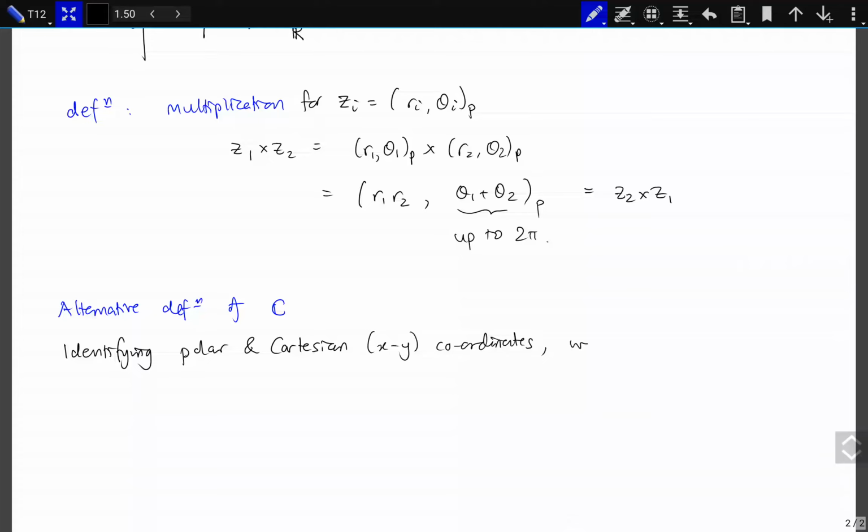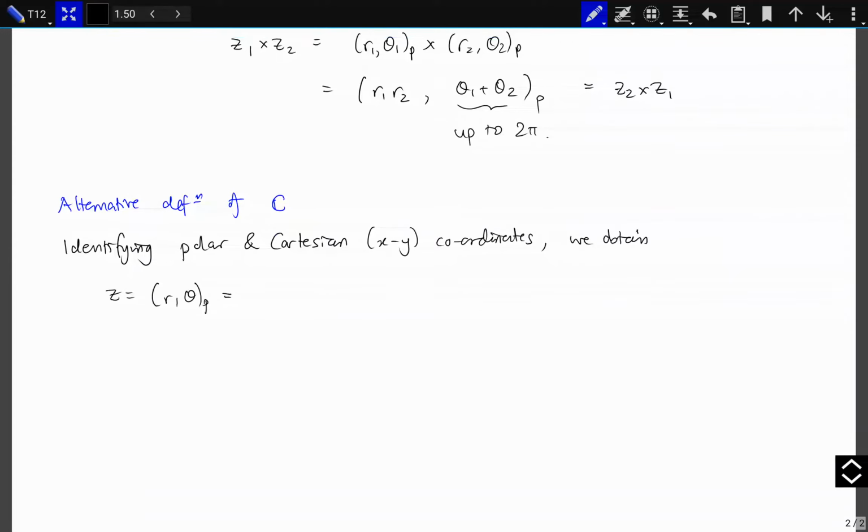We obtain that z equals (r, theta)_p is the same thing as, let me draw the picture again. So there's z, where you have its x coordinate, which is r cos theta, and you have its y coordinate, r sine theta.